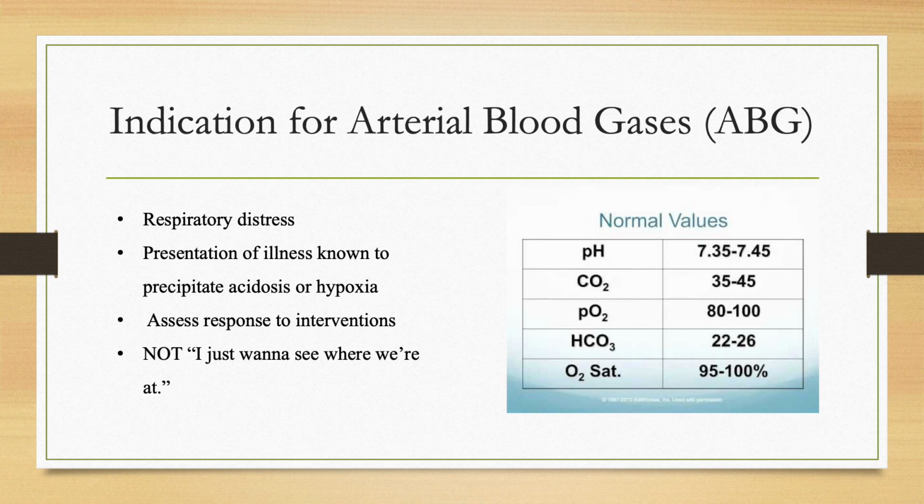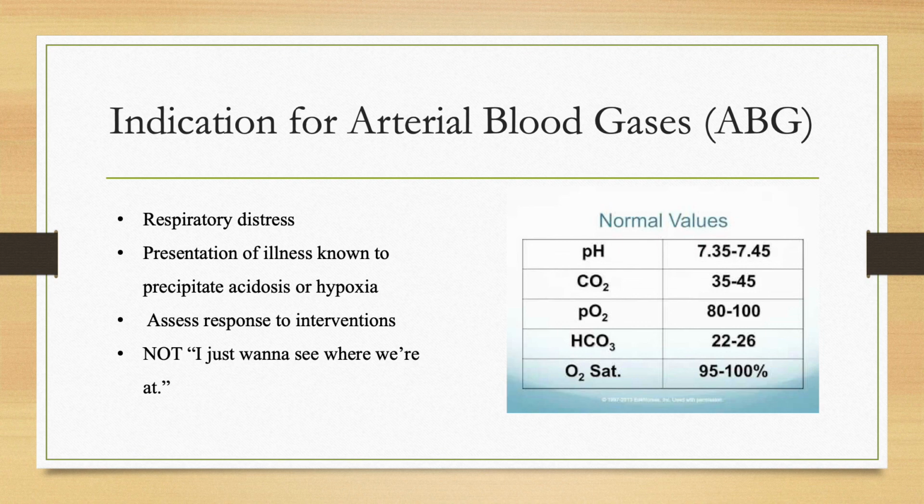Another reason that we look at ABGs is for presentation of illness known to precipitate acidosis or hypoxia. This just means that CO2 may be too high and it's making the blood gas pH drop below 7.35, so the patient's becoming acidotic, or the bicarb is starting to drop, the HCO3 is starting to drop less than 22, and bicarb has a lot more effect on pH with changes in small intervals than CO2.